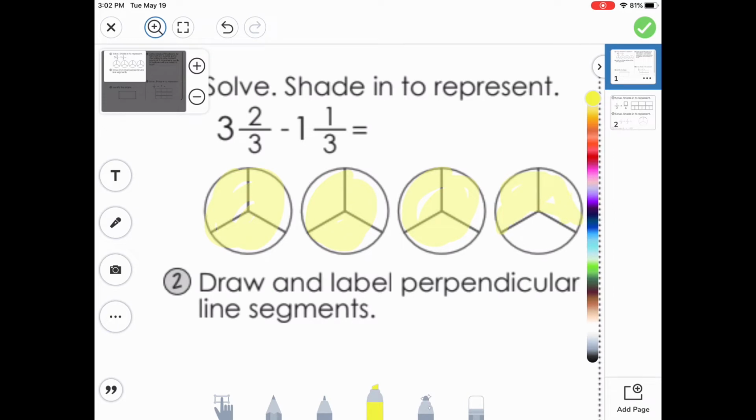And I'm going to take away 1 whole and 1/3. Therefore, I'm left with 2 wholes and 1/3. You could have done it a different way, but that just made sense to me. So our answer is 2 and 1/3.